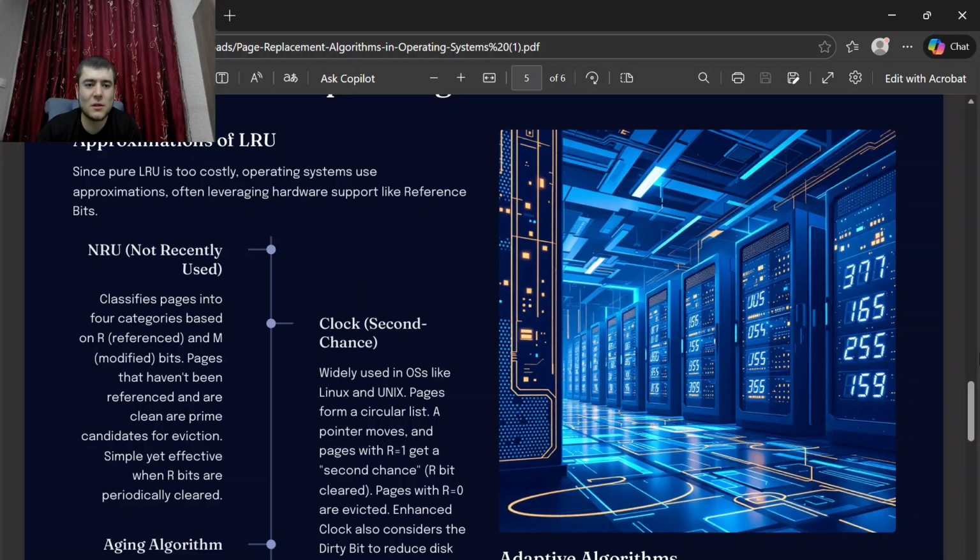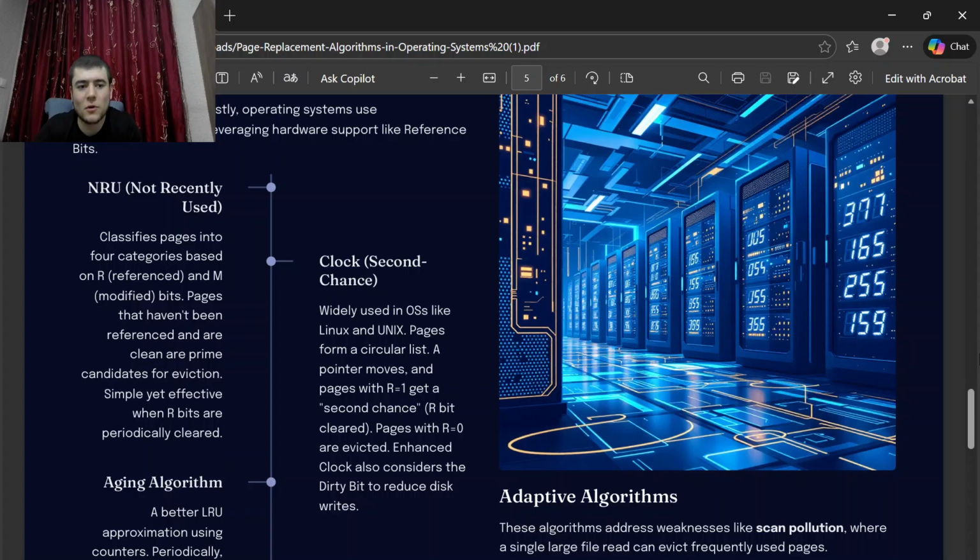NRU, not recently used, classifies pages into four categories based on the R referenced and M modified bits. Pages that haven't been referenced and are clean are prime candidates for eviction, simple yet effective when R bits are periodically cleared.